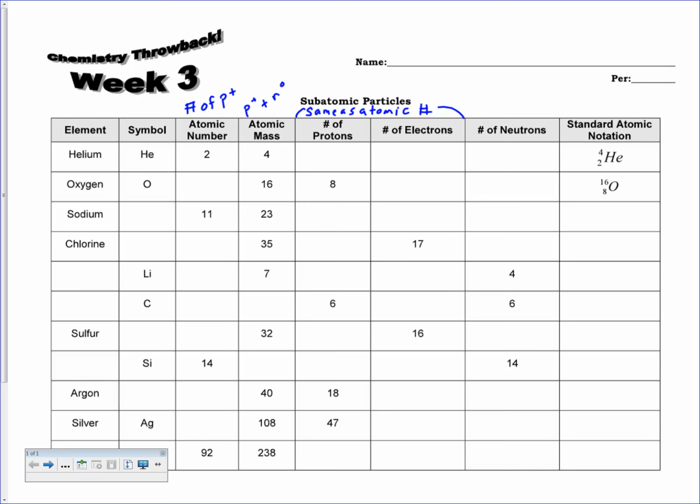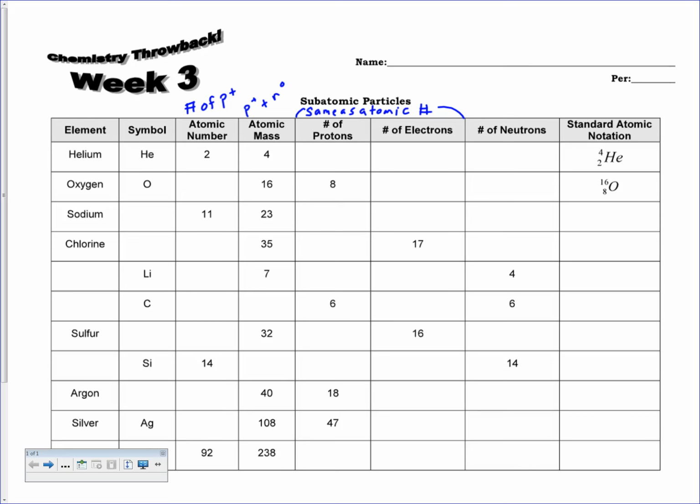So if they're neutral particles, they're going to have the same number of protons and electrons, which actually means the 3rd column, the 5th column, and the 6th column should all be exactly the same, all right? Because the atomic number is the same as the number of protons, and I'm saying it's not charged, so the number of protons is going to equal the number of electrons as well.